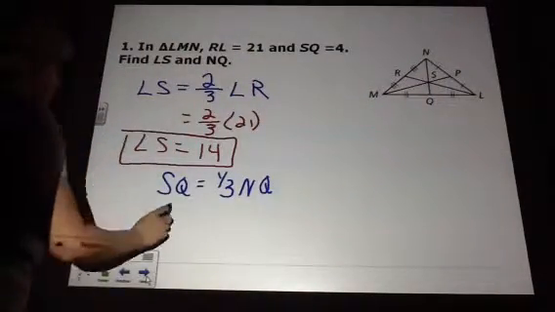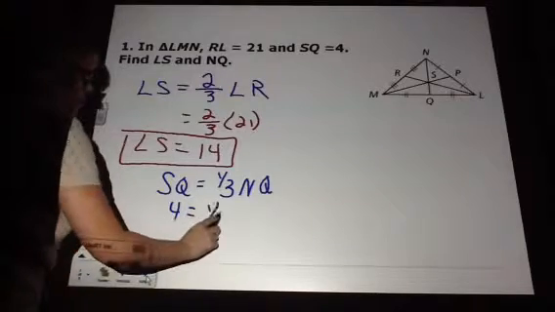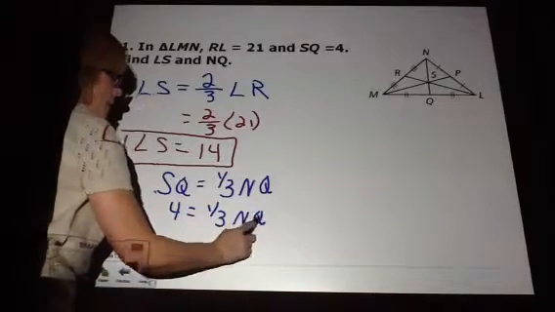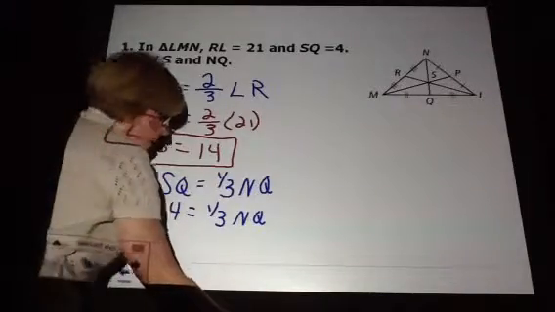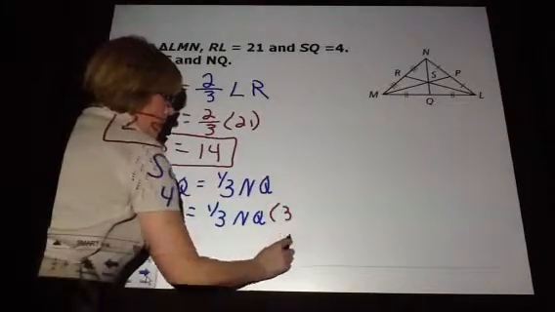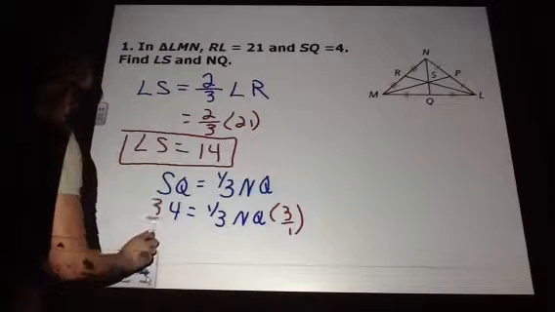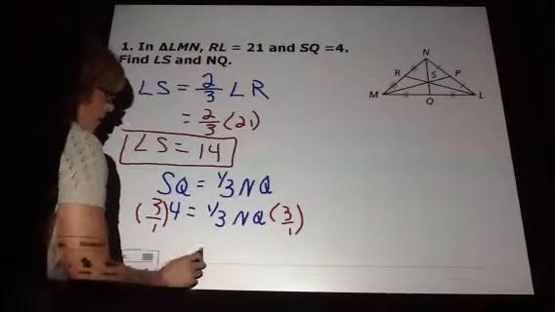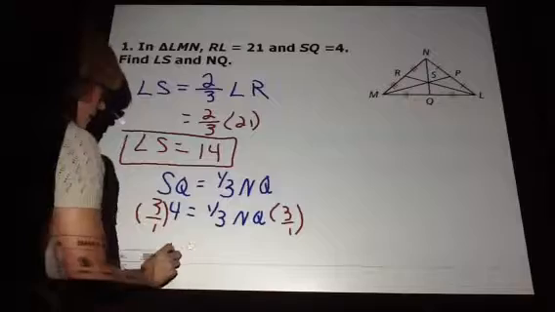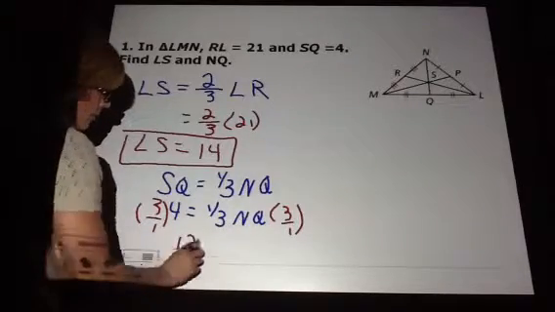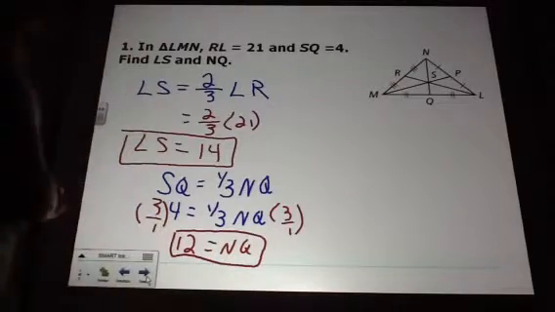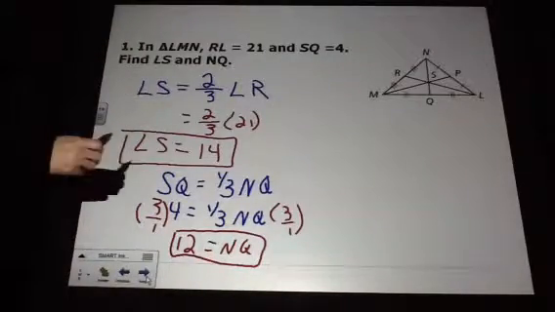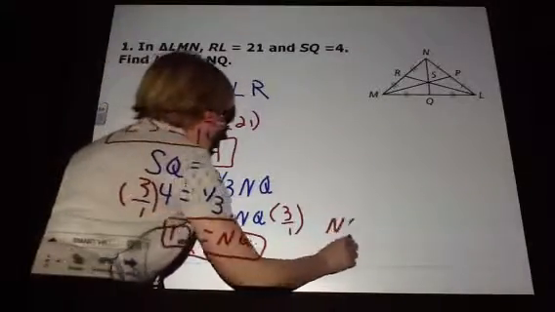So let's substitute in what we know. We know that SQ is 4, and we're trying to find NQ. So what you need to do is multiply both sides by 3. Okay, so we get, what is that, 12. NQ equals 12.